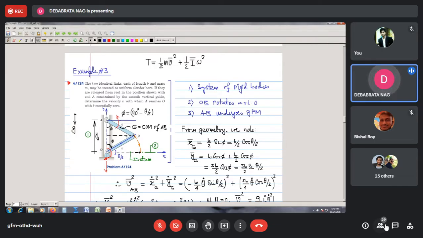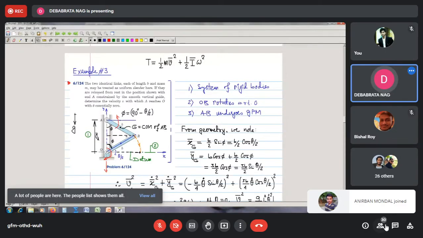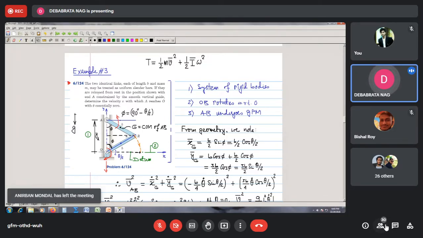So this equation is also applicable for pure rotation when the rotation is about a non-centroidal point. In that case, the center of mass will have some velocity. Therefore, you can apply this equation to pure rotation about a non-centroidal point also. And of course, for GPM, you can apply this equation, because for GPM you do not have any restriction.